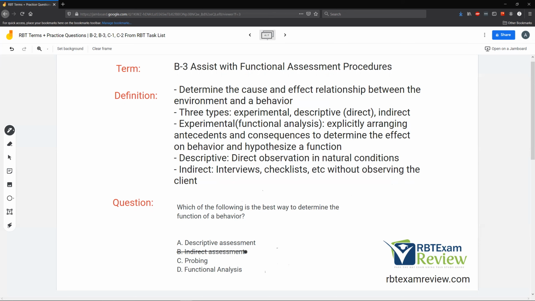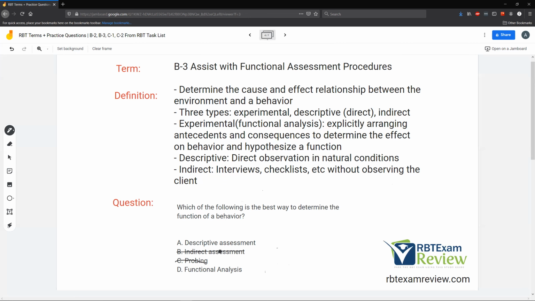So that's out. What about probing? What did we say probing was? Probing, we're simply asking somebody to do something. All we want to know is can they do it or can they not? So we're not trying to determine the function with probing. Descriptive assessment or direct assessment, what are we doing there? Well, we're directly observing the client, right? But are we experimenting? Are we contriving anything? No, we're just watching the client in their natural environment, so we're not actually manipulating anything.